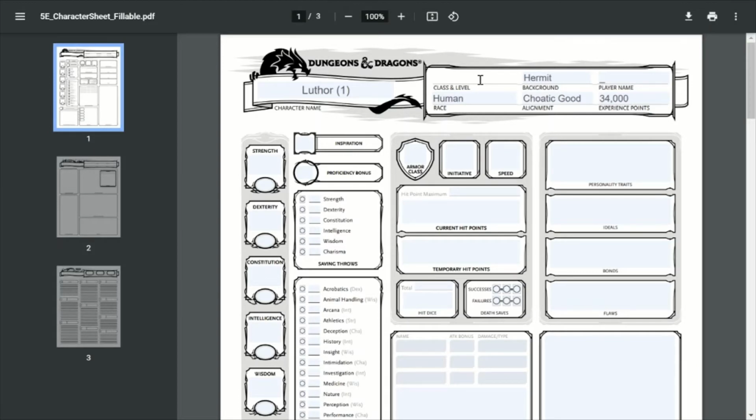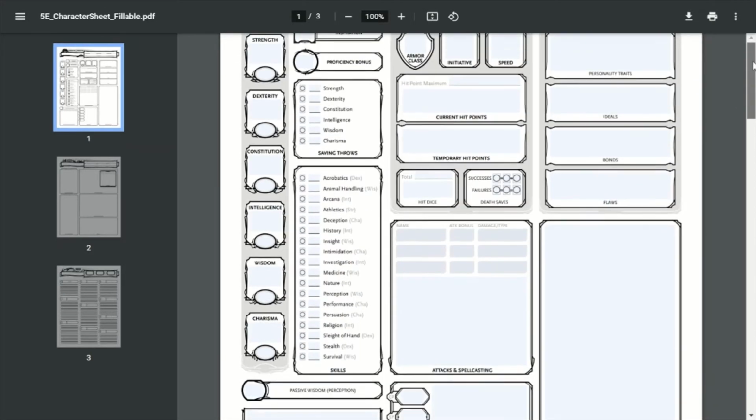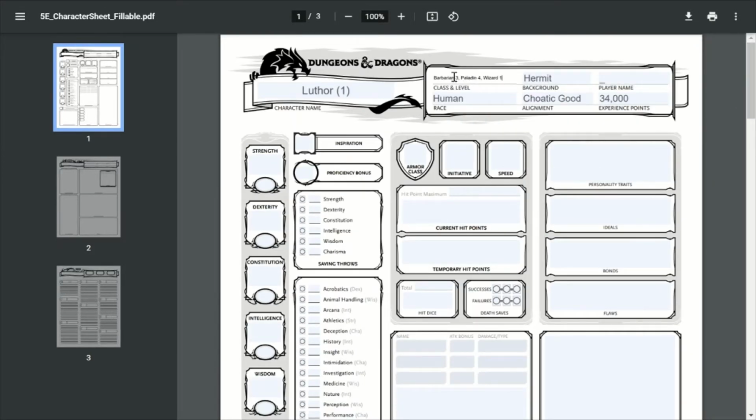I'm going for 3 different classes because I mentioned multi-class. This one was kind of difficult, but we did a multi-class like this, so there you go. I will be explaining all of these.